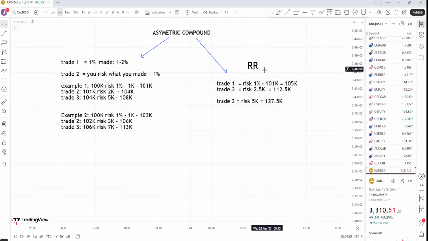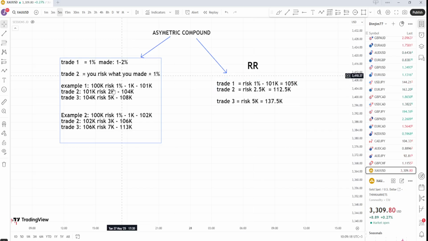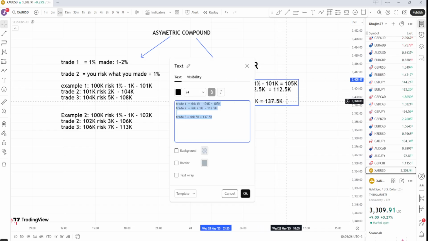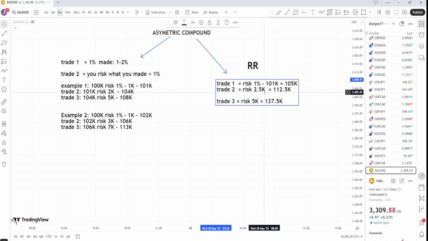and this happens not only because of the risk reward, but more because we use the asymmetric compound. With our mentality, we keep the profit now. You understand that on trade 4, trade 5, it can exponentially grow.